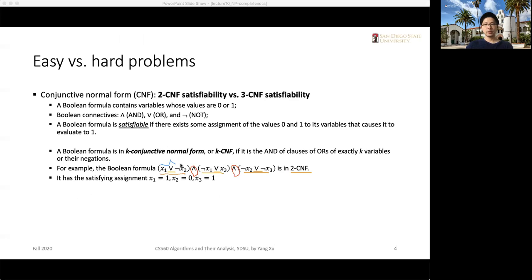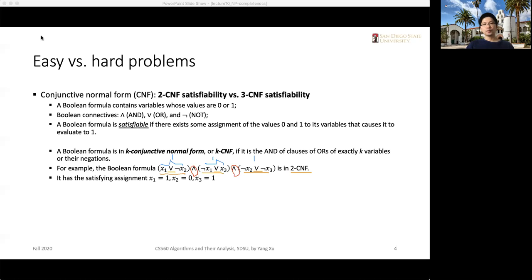Okay. And the second also evaluates to 1. Okay. And the last one also evaluates to 1. So if we use AND operators to connect 3 1s, the result will be 1. So the whole conjunctive normal form will be satisfiable.